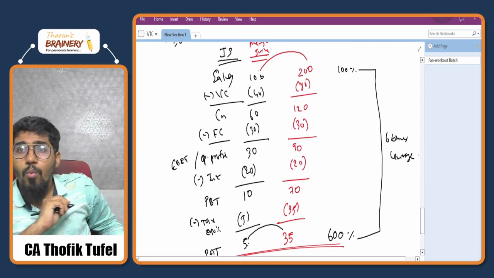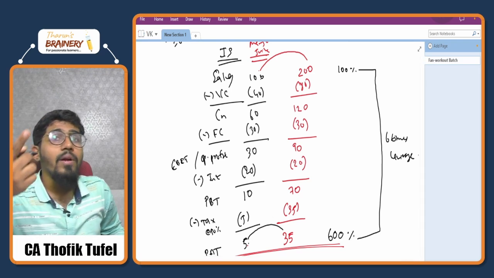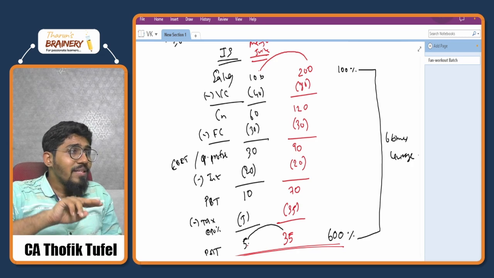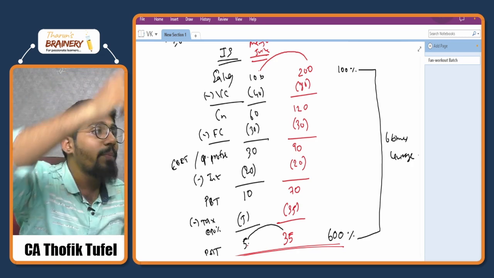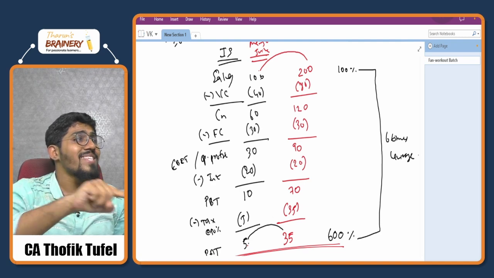Sir, what are you trying to tell, sir? Which means I am having a leverage. Leverage means my jump in profit is more than the jump in sales. I'm having a 6 times leverage.